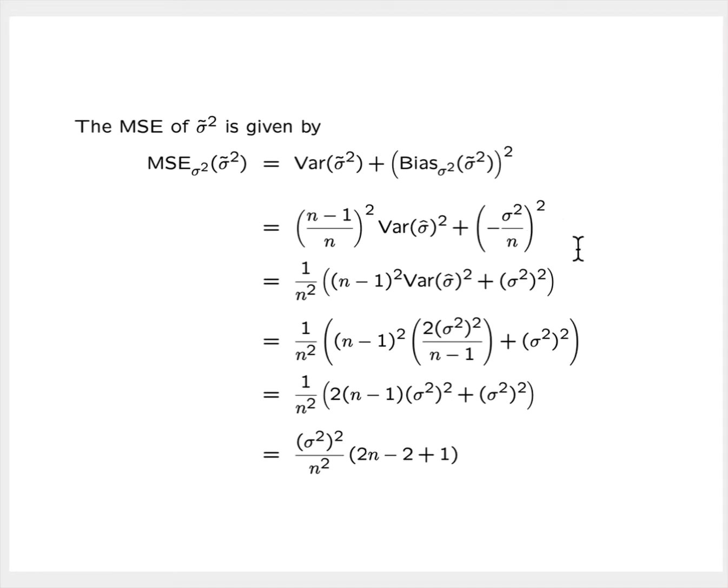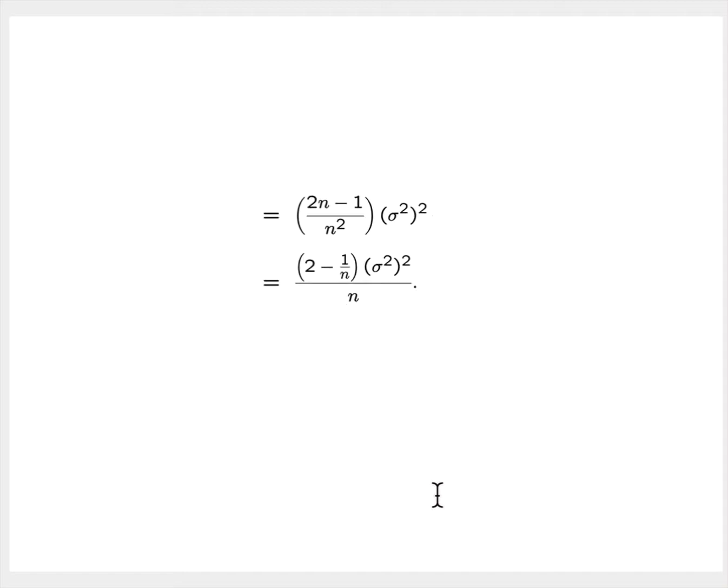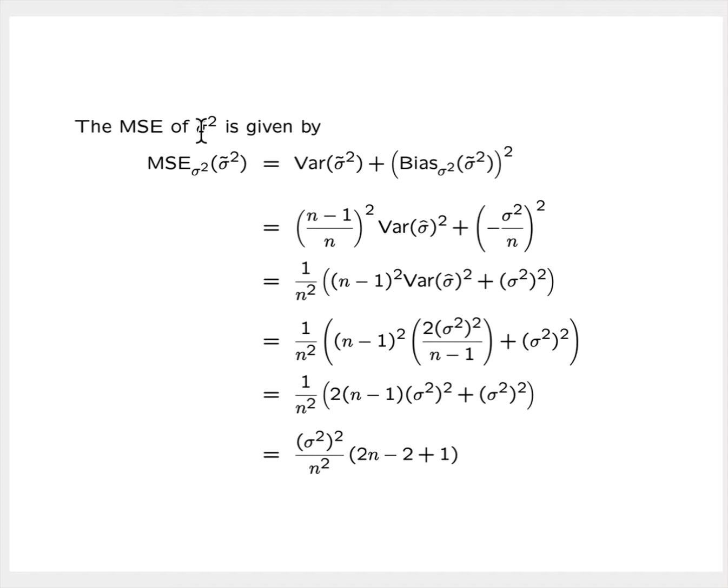And we can go through some basic algebra, and we come up with the expression, the square of the population variance over n squared times 2n minus 2 plus 1. And we can do a little bit more simplification. And so we get this expression, 2 minus 1 over n times the square of the population variance over n, to be the MSE of sigma tilde squared.